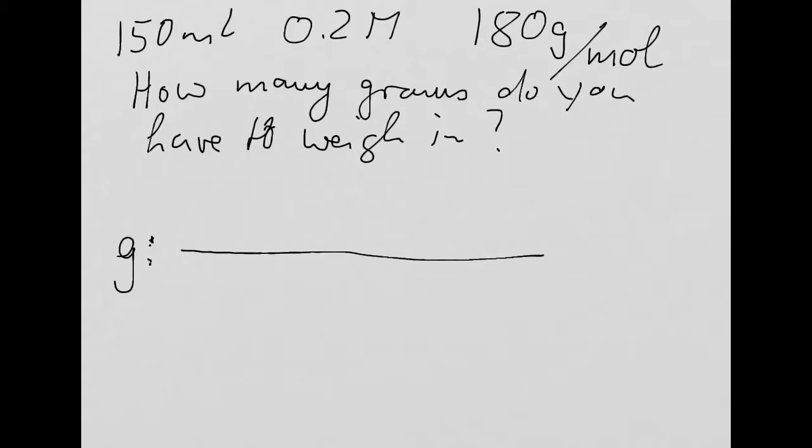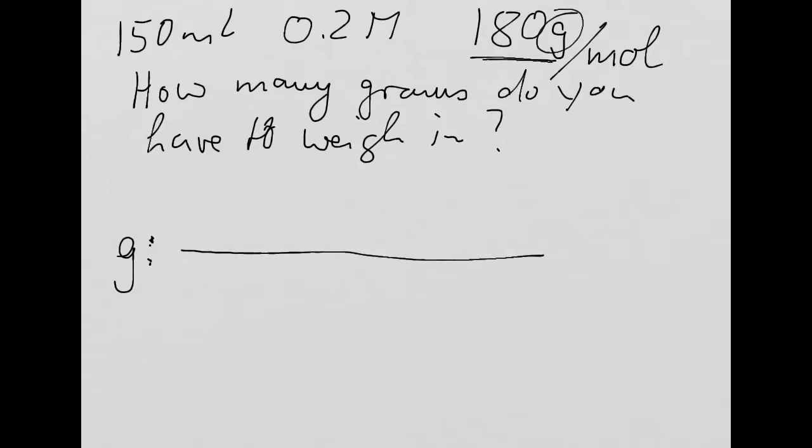Does this have the unit in it that we are looking for? Can you see a unit where we have that? Which is that? 180 grams per mole, yeah? That is the guy that we have, that has our grams here.